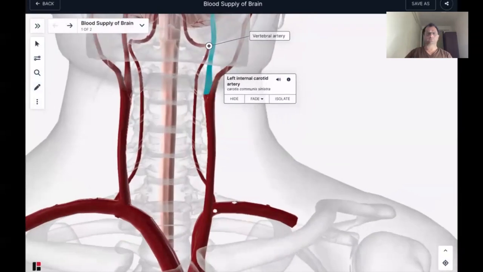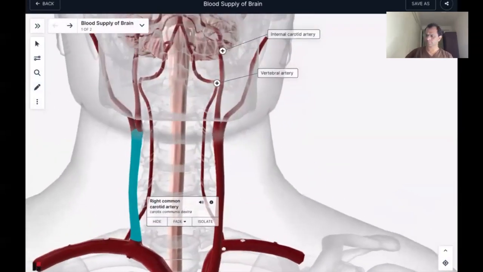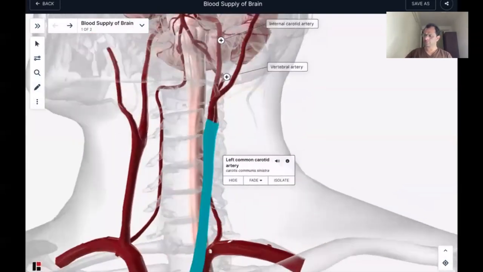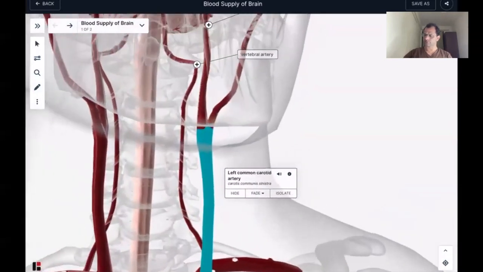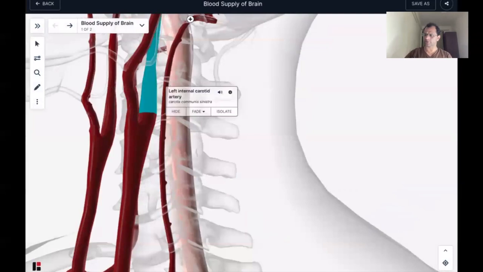So look at now here. So this is the right common carotid artery. This is the left common carotid artery. Then it divides into branches, external and internal carotid artery. Internal carotid artery goes into the brain.